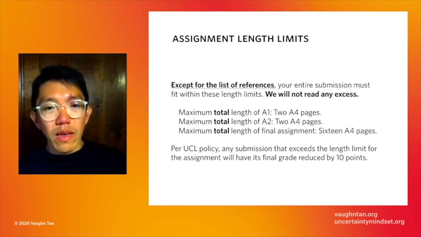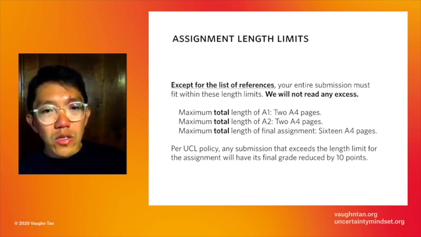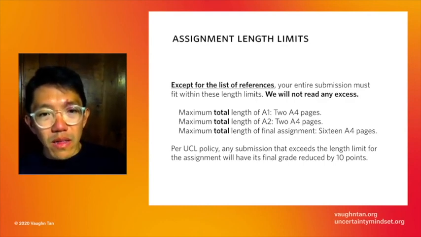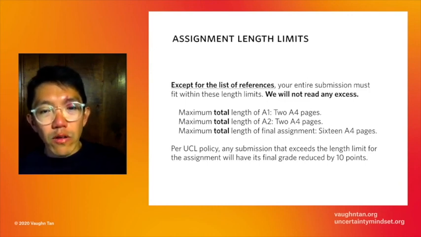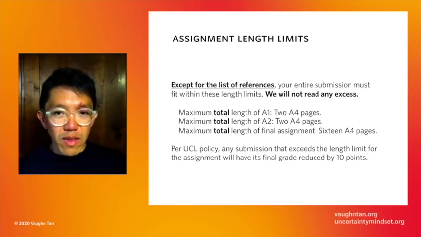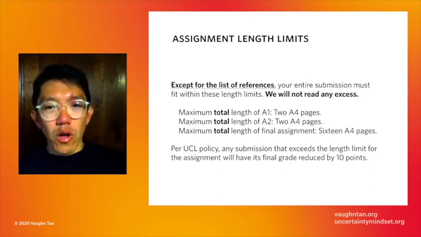So keep within the length limits. This is not only because we won't read it, but also because, according to UCL policy, if your submission exceeds the length limit for the assignment, your final grade for that particular submission will be reduced by 10 points. So there are many bad reasons for going over the length limit and many, many good reasons for not going over the length limit.